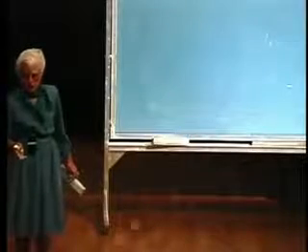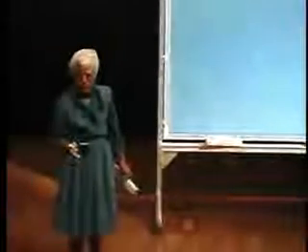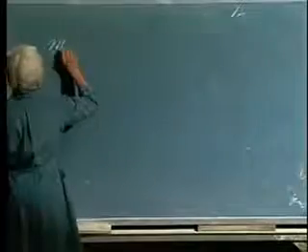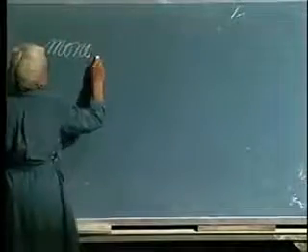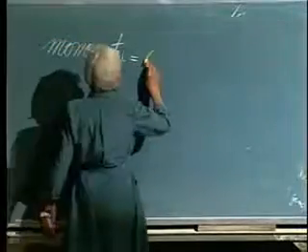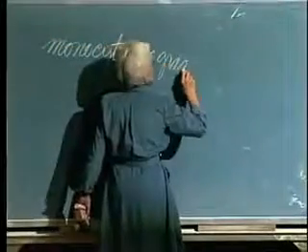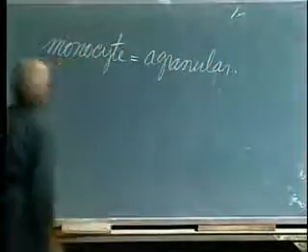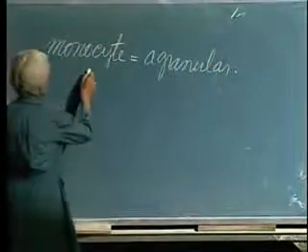So let's then go on to another agranular leukocyte. Which is it? If it doesn't have a fill with it, it doesn't have granules, right? So the monocyte's the next one. It's agranular. And it's going to be a little larger than the lymphocyte.